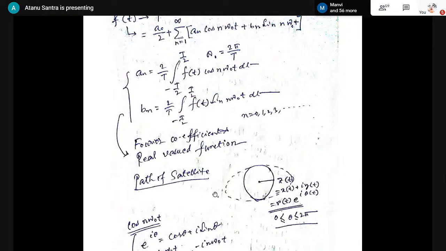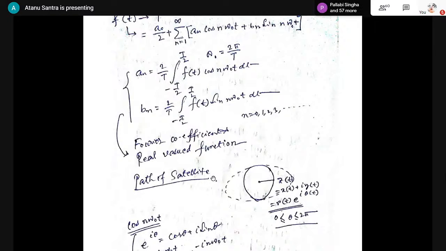So we may take an example here of the path of a satellite. If we talk about a geostationary or a geosynchronous satellite, their path is in general circular. If we take the radius r and the angle theta, then z(t) is equal to x(t) plus i y(t) is equal to r(t) e to the power i theta(t), where x(t) is equal to r cosine of theta and y is equal to r sine of theta.